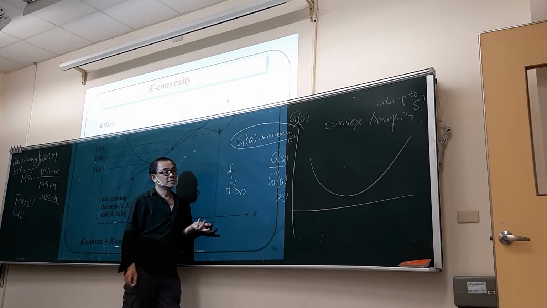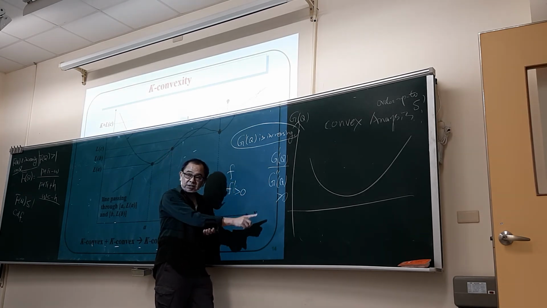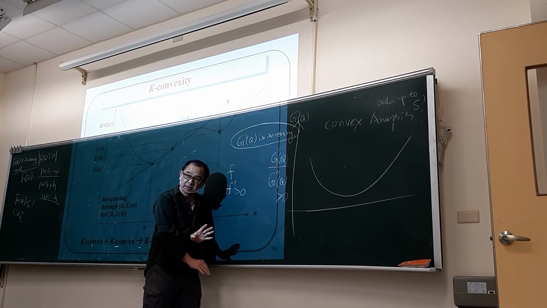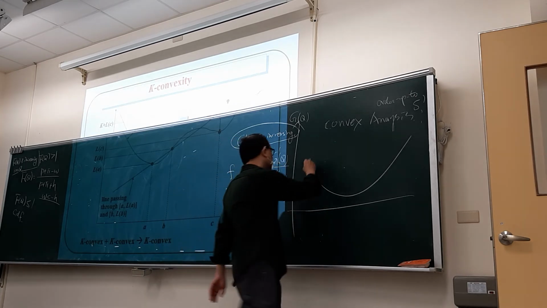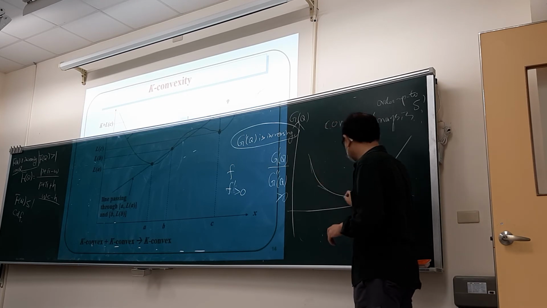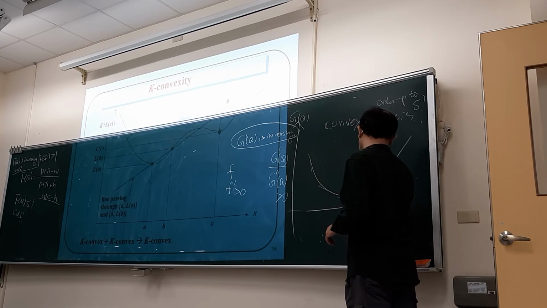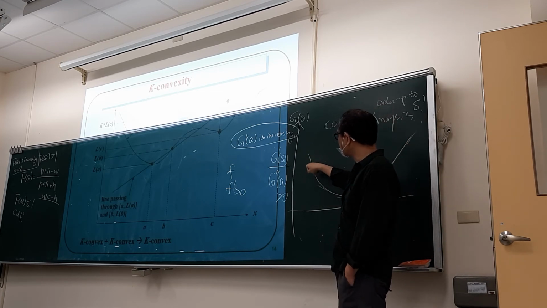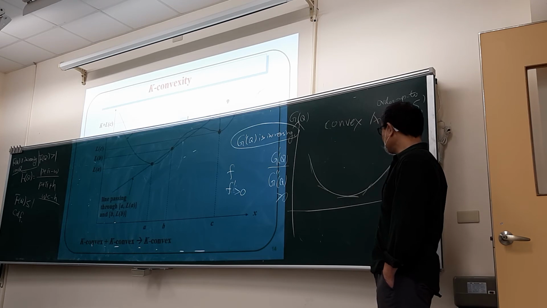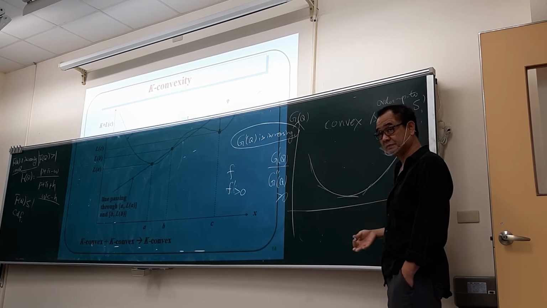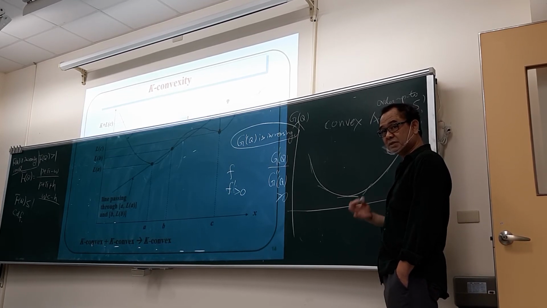So because the second derivative is positive, the first derivative is increasing. What is the first derivative of the function here? In the minimum it is 0. So the slope of these green lines is negative, 0, positive, right? So the first derivative, the slope, is increasing.